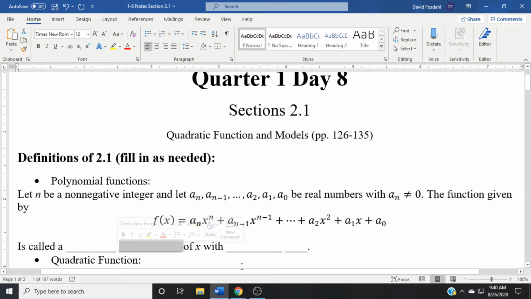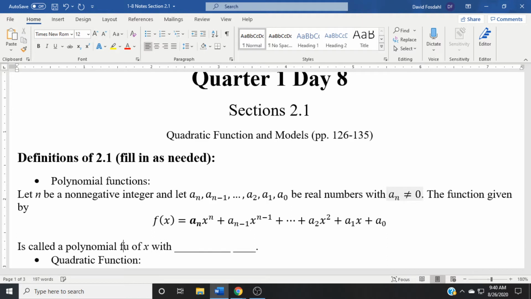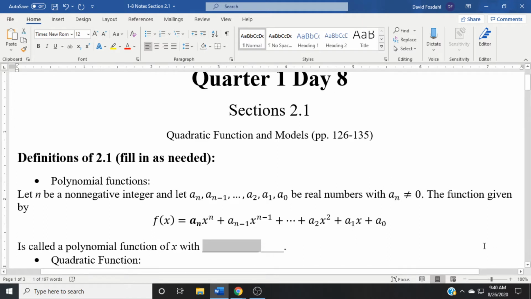Now this is called a polynomial function of x with degree n. So the degree is what we see at the beginning.